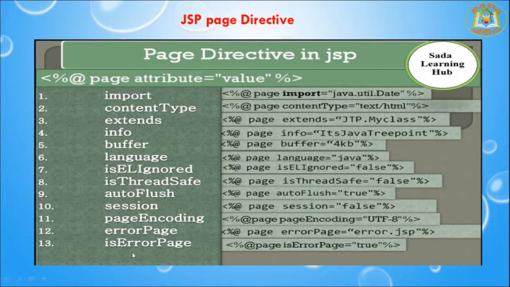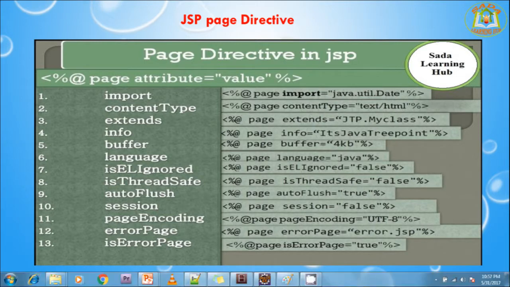The next one is isErrorPage. Whenever you put isErrorPage is equal to true, that particular JSP acts as an error page. These are the different attributes available in the page directive. Now I'm going to explain each and every attribute in depth.